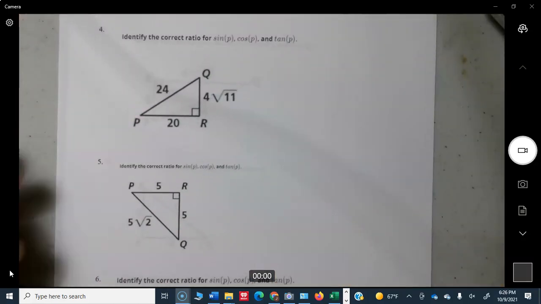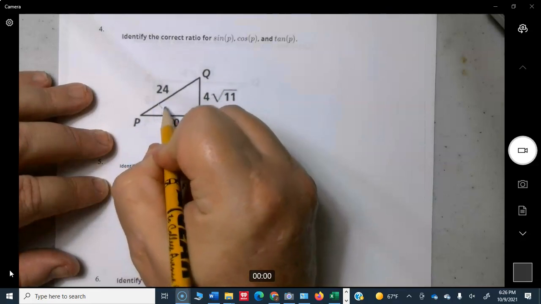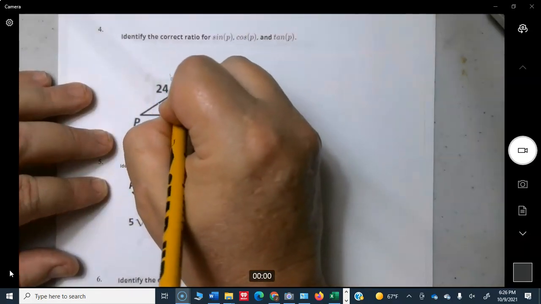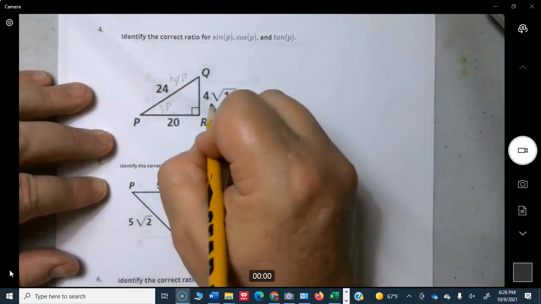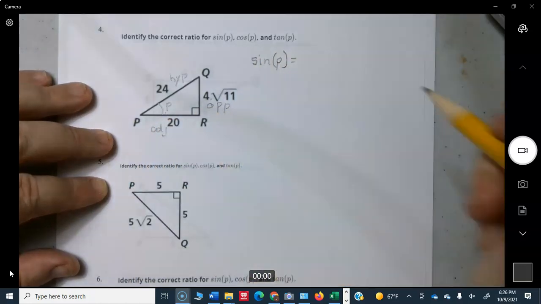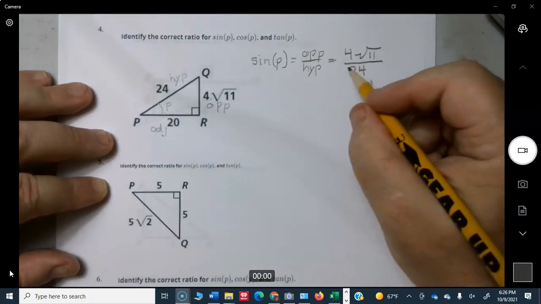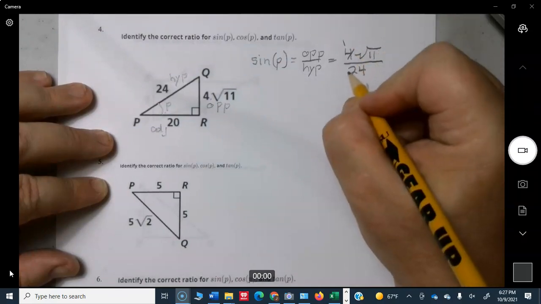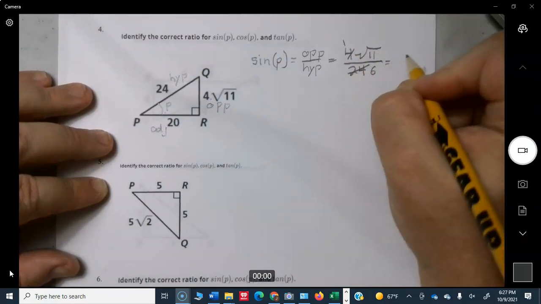Okay, here we go. They just keep coming, the same problems. There's the angle P, the longest side. Opposite. And the other guy. Okay, 4 over 24. 4 goes into both of these numbers. It goes into 4 one time, goes into 24 6 times.